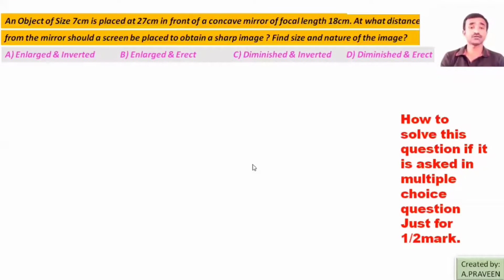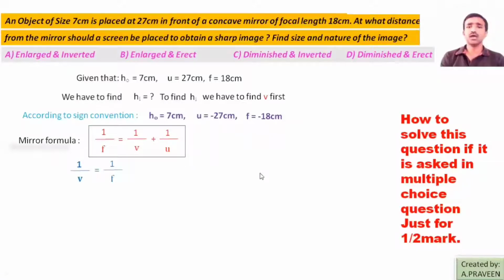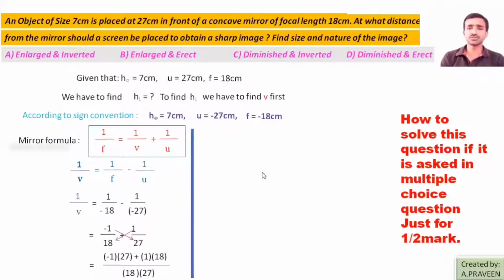That means you need to solve this as you see on the screen. These many steps you have to solve. Using the mirror formula, you substitute the quantities given in the question according to sign convention. After many steps, as you see on the screen, you will get the answer at the end.